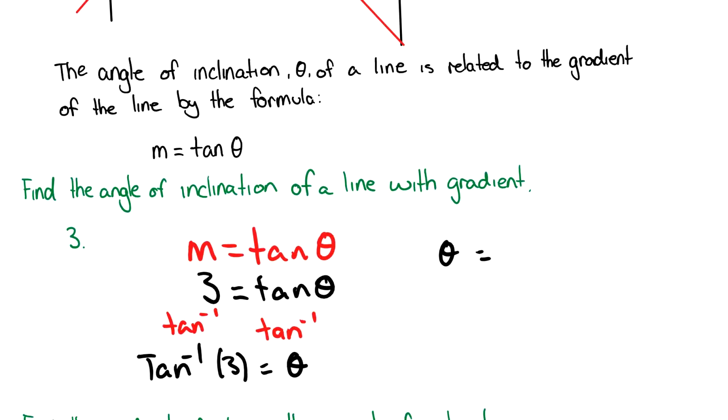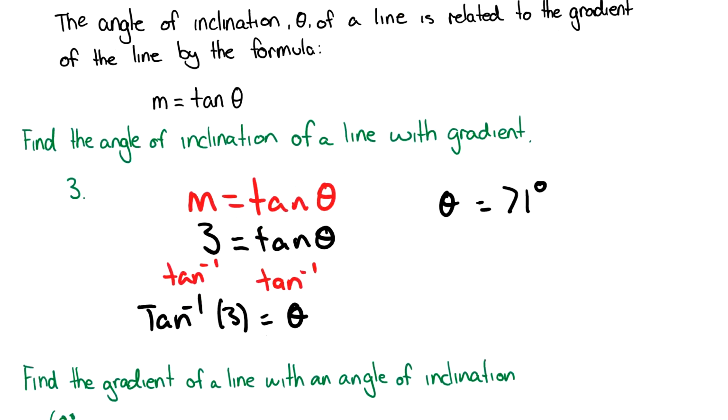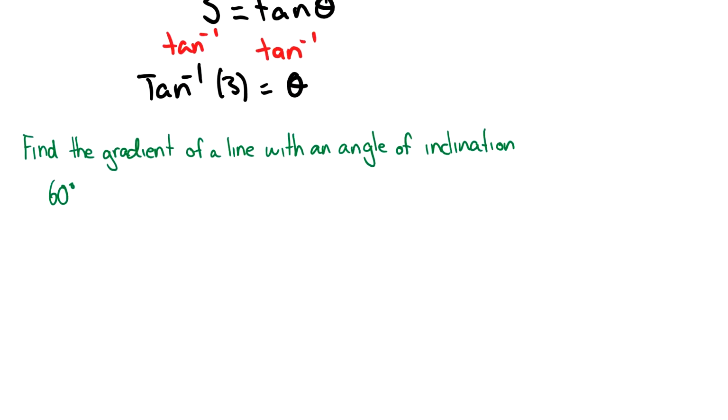You would put that into your calculator: you go Shift tan, then put your 3 and click Enter, and you'll get 71 degrees, roughly.